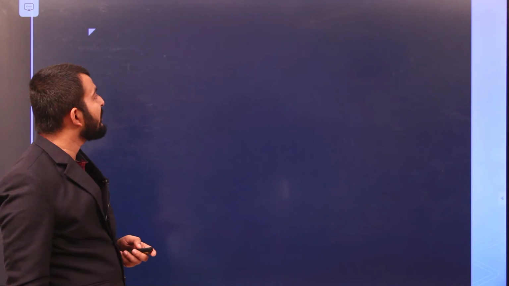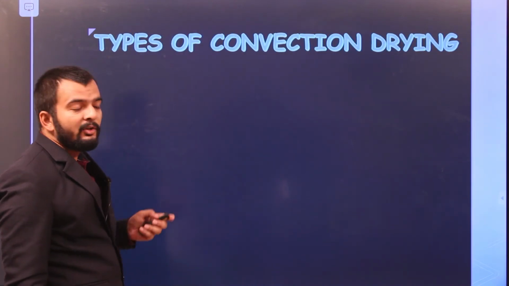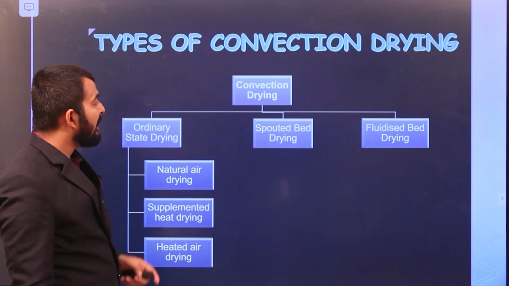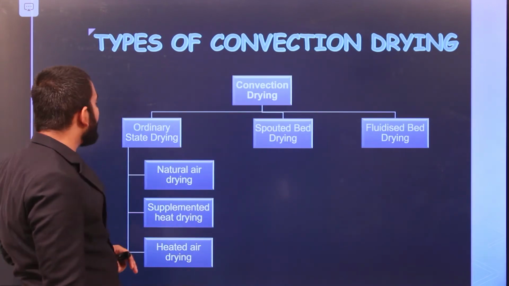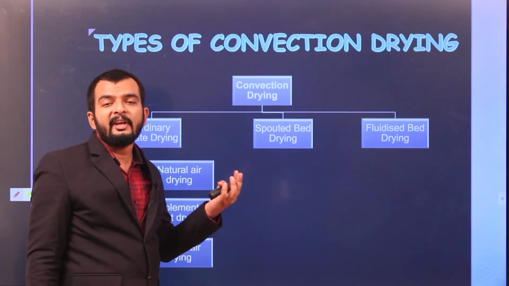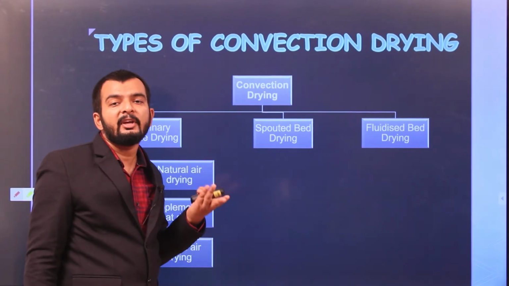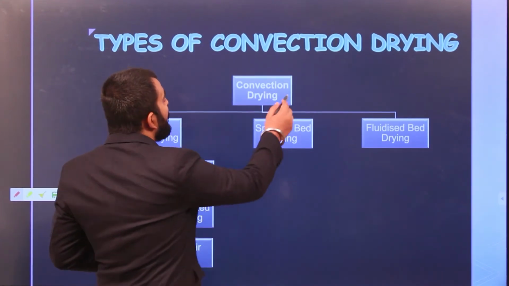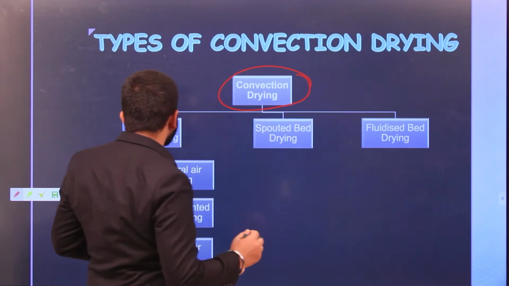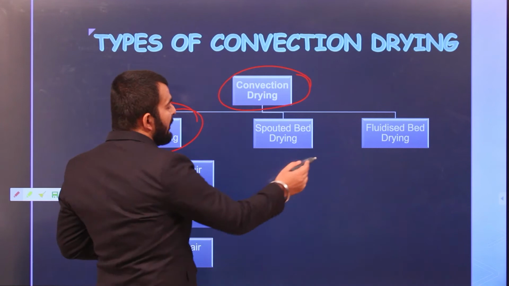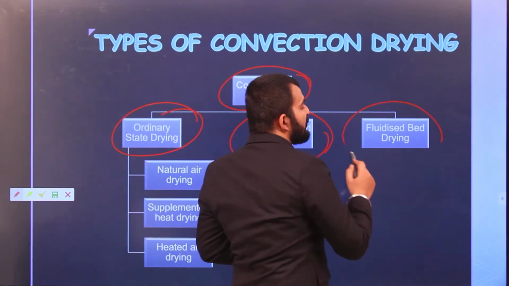Moving on to our next type of dryer. First we will study the types of convection drying. In case of convection drying also, we have different types based on the mode of placement of grains, or based on the supply of heat energy or the convective gases. In the convection drying system we have ordinary state drying, spouted bed drying, and fluidized bed drying.